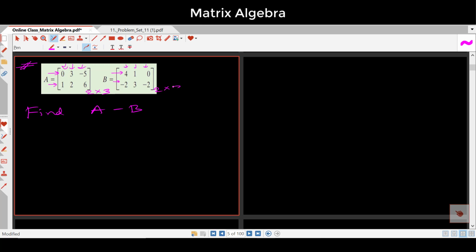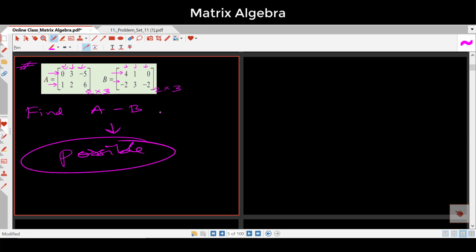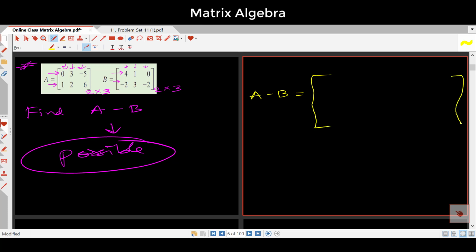So the second matrix also has the same order, 2 by 3. That means subtraction is possible. So let us subtract B from A. The subtraction will give another new matrix.